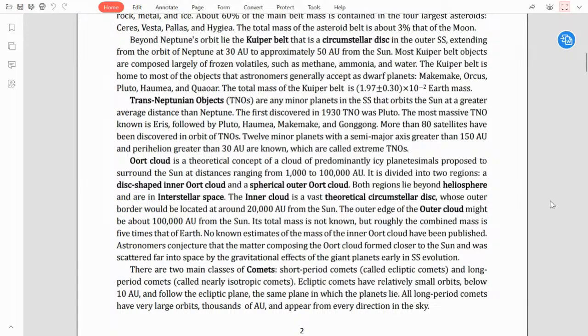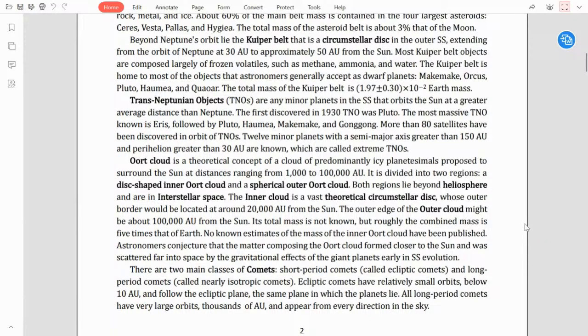The inner cloud is a vast theoretical circumstellar disk whose outer border would be located at around 20,000 astronomical units from the Sun. The outer edge of the outer cloud might be about 100,000 astronomical units from the Sun. Its total mass is not known, but roughly the combined mass is 5 times that of Earth.